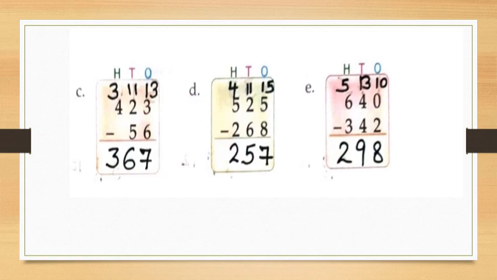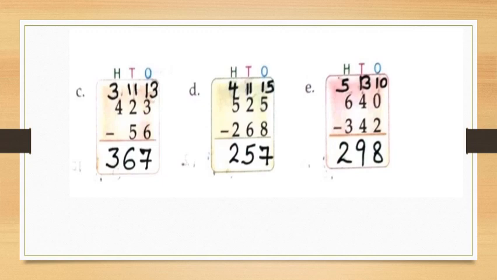Children, we can't subtract 8 from 5. So we will borrow 1 ten from 2 tens to make 1 ten and 15 ones. Now children, at ones place, 15 minus 8 is 7. So write 7 under ones.